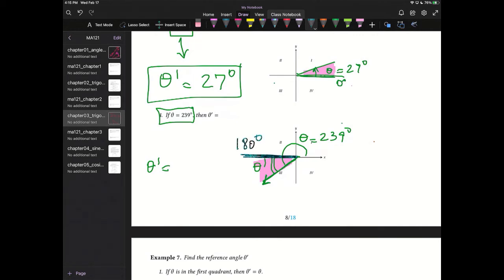But in my subtraction, I'm going to first put the 239, because it's bigger, it goes from here to here, and then subtract the other part, which is from here to here. So I have 239 minus 180 degrees, and that's 59. So theta prime, meaning the reference angle, is 59 degrees.